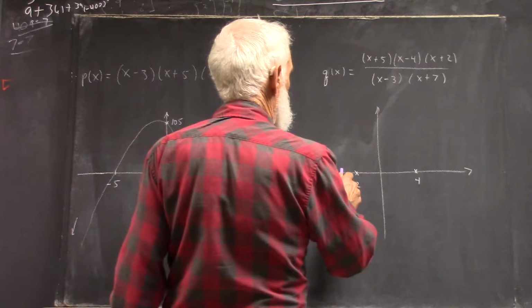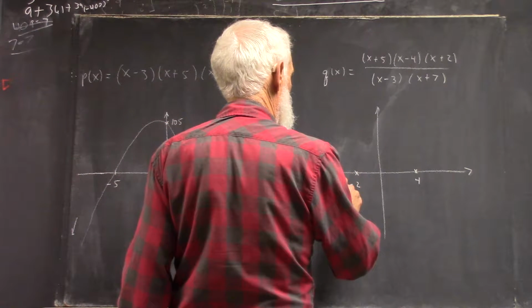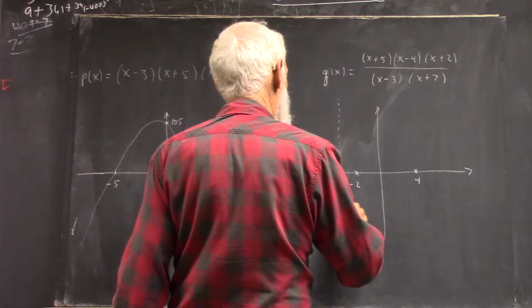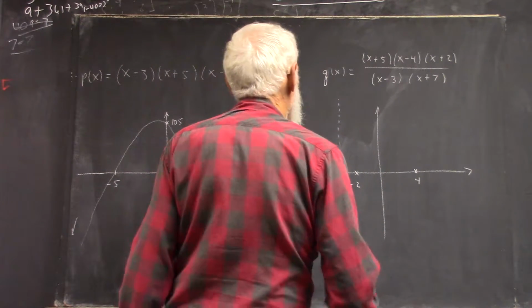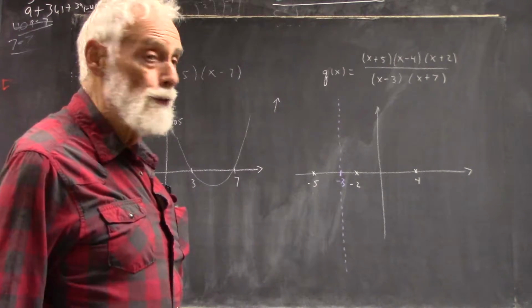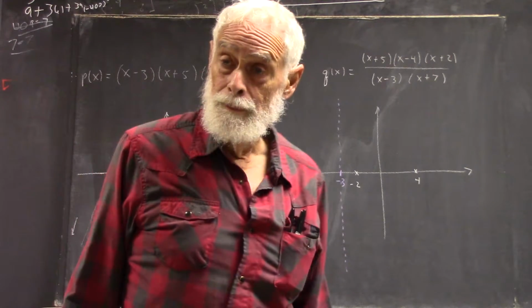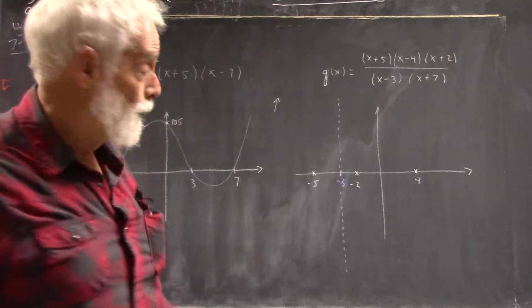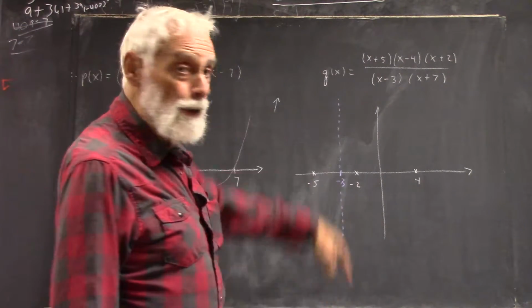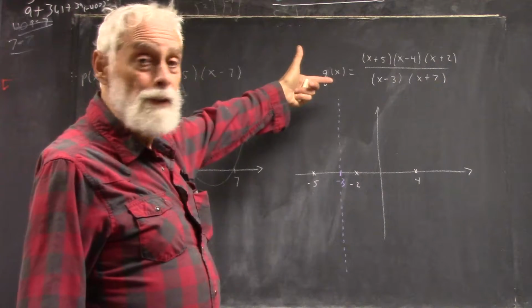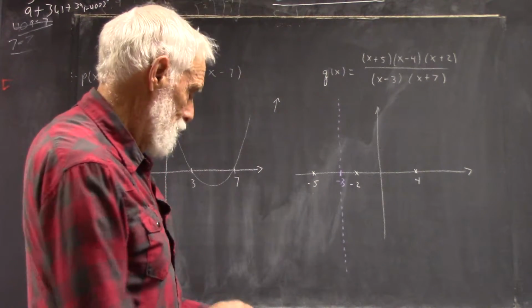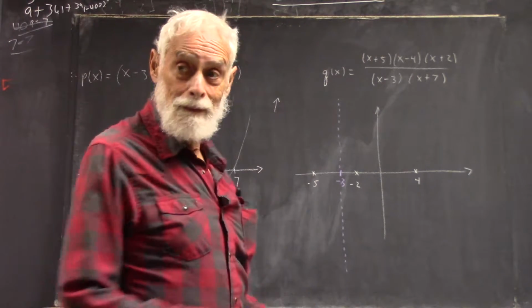Okay, so at -3, I'm going to draw a dotted line here. I'm going to say that the graph can't cross that dotted line. Okay? It can't cross the dotted line because the dotted line indicates x values where the function is not defined. Its domain doesn't include x equals, I did it.